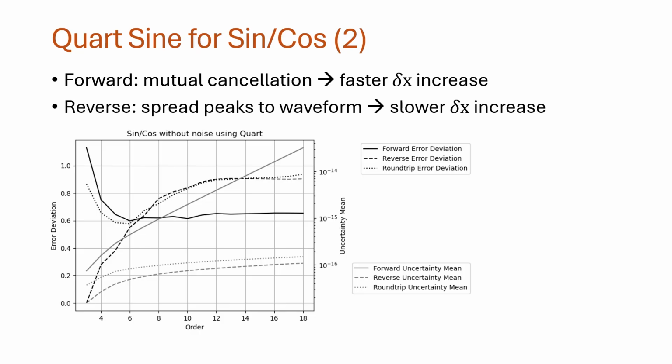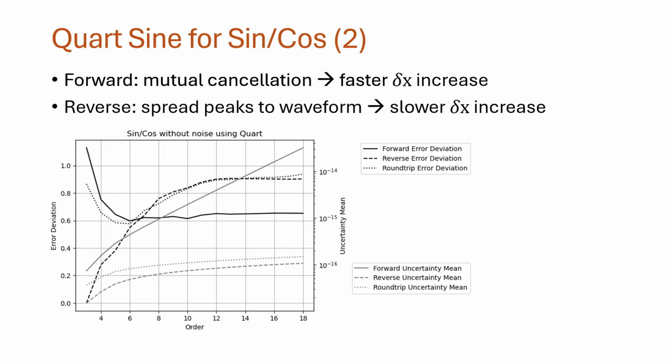You can also see that for the forward, the error deviation reaches equilibrium pretty fast when the FFT order is larger than 6. On the other hand, it takes a while for the error deviation for the reverse to reach equilibrium, when the FFT order is more than 12.